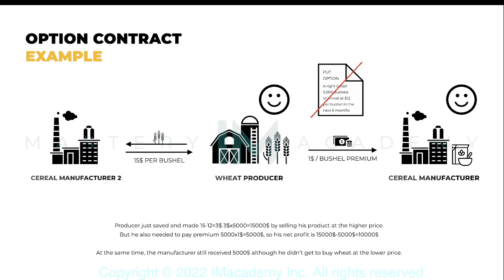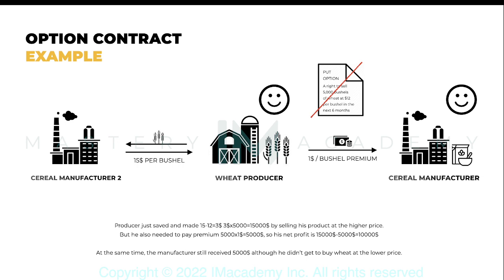The producer just saved and made $3 per bushel, which is $15,000 by selling his product at a higher price than if he would exercise the initial contract. But on the other hand, he also needed to pay the premium, which was $5,000, to the cereal manufacturer. So his net profit is not $15,000, but $15,000 minus $5,000, so it's $10,000.